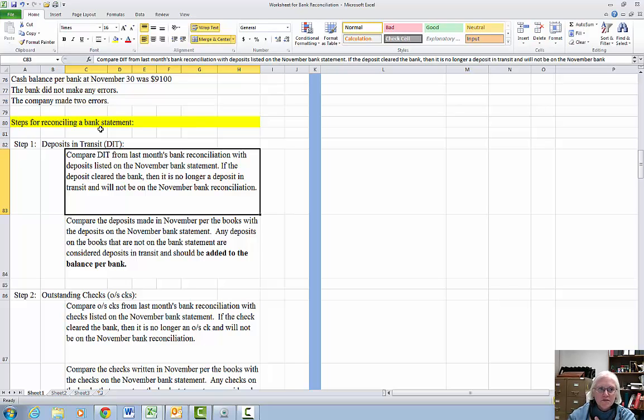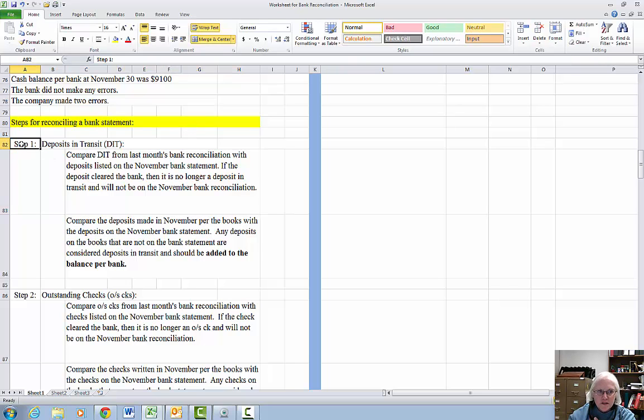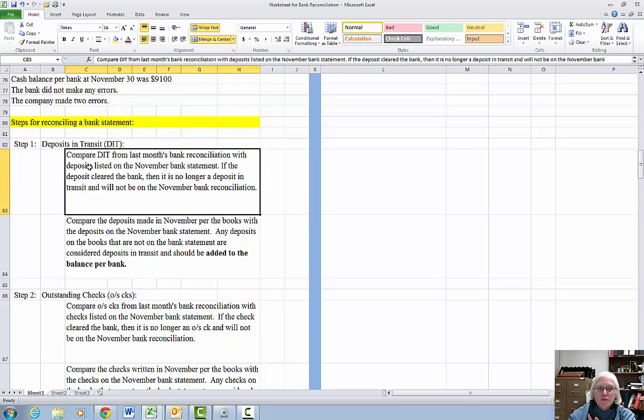So here are the steps for reconciling a bank statement. In step 1, you compare the deposit in transit from last month's bank reconciliation. So October 31, we had the $842, I believe, with the deposits listed on the November bank statement. If the deposit cleared the bank, then there's no longer a deposit in transit, and it will not be on that November bank reconciliation.